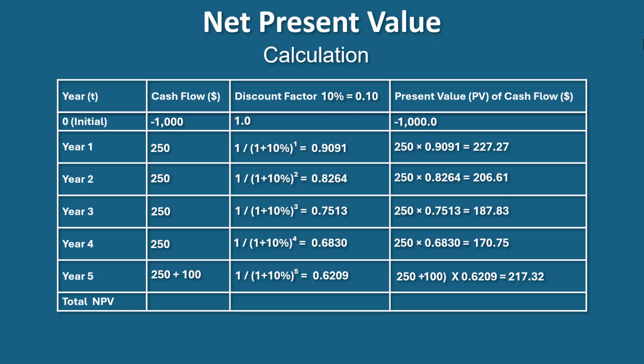So, the total present value of all future cash inflows is approximately $1,009.78. Now, we subtract the initial investment of $1,000, which equals $9.78. Therefore, the net present value, or NPV, is $9.78, which is greater than 0.